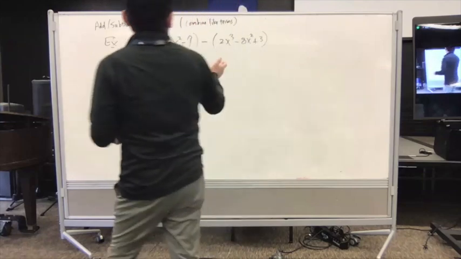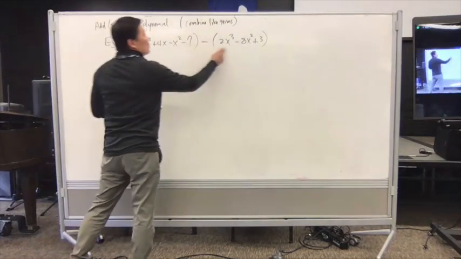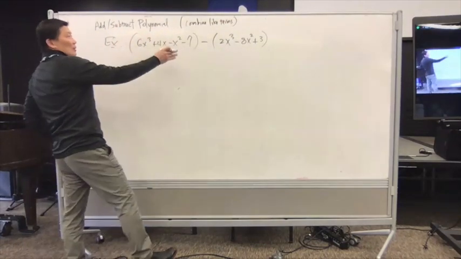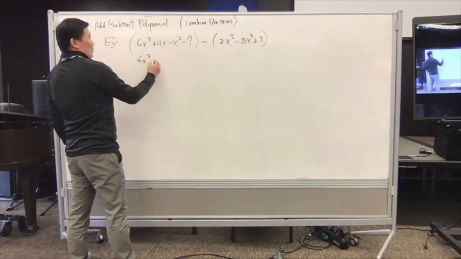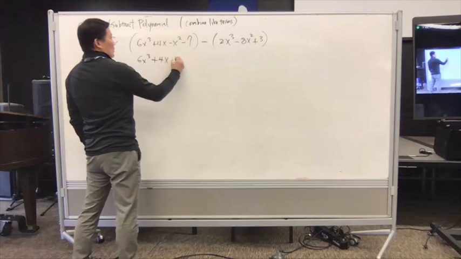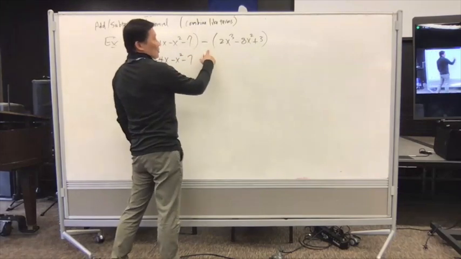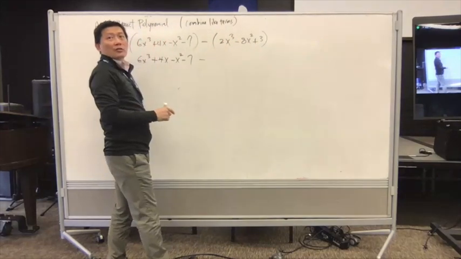So in this case, we're going to combine the like terms, but notice we have parentheses and we have a minus in front of the parentheses, so we must adjust accordingly. 6x cubed plus 4x minus x squared minus 7. Minus still out here, but this minus applies to every single term as we go inside.